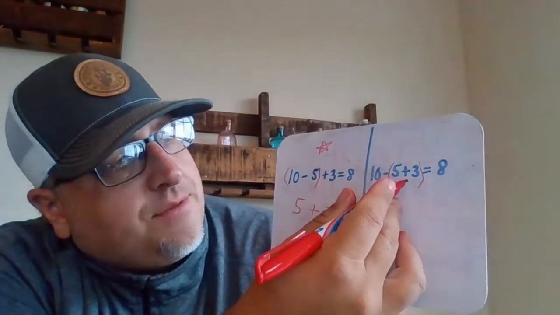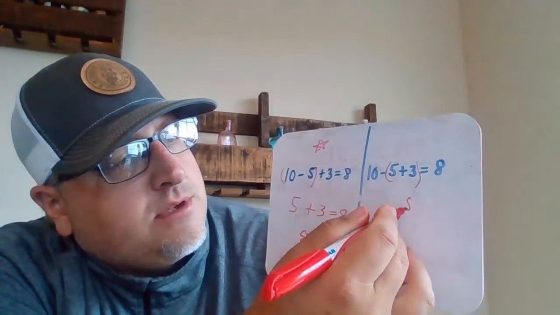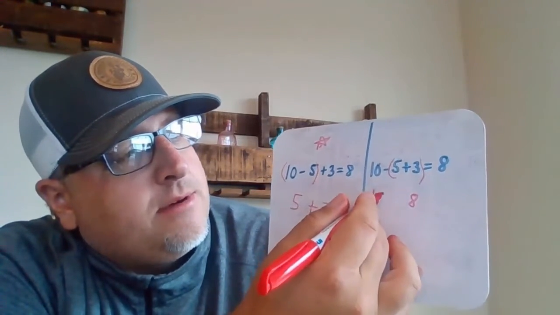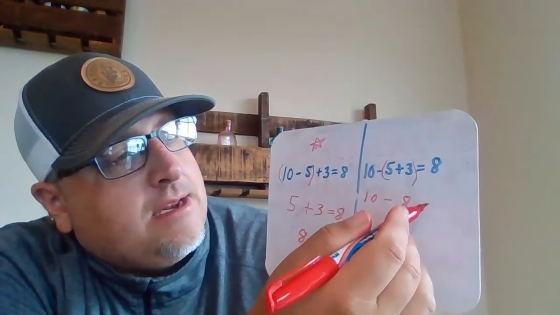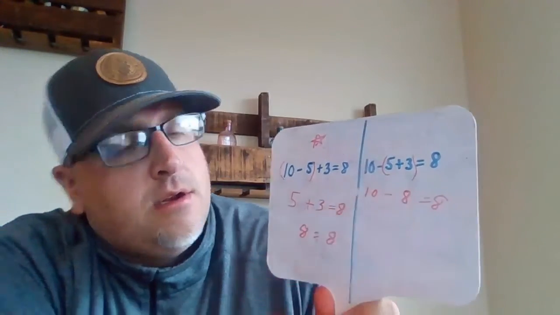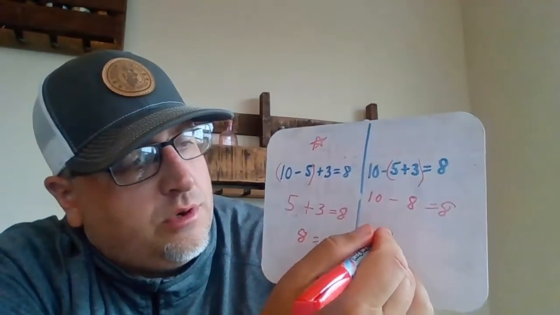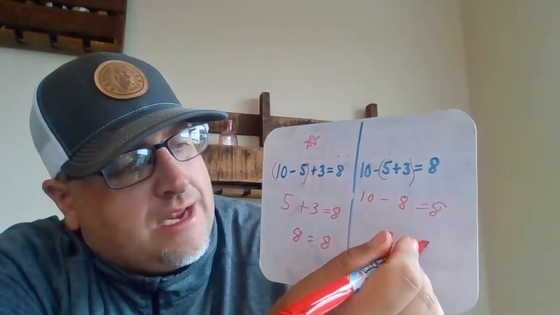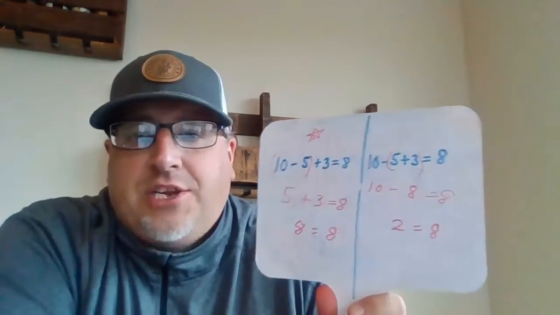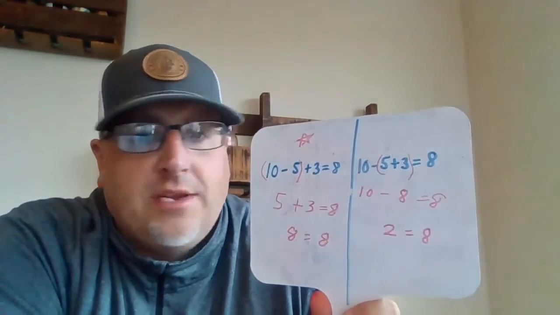So we're going to solve the parentheses first. 5 plus 3 equals 8. We're going to bring down 10 minus 8 equals 8. We already know 10 minus 8 equals 2. And 2 equals 8. Does that match up? Is that statement true? No, it is not.